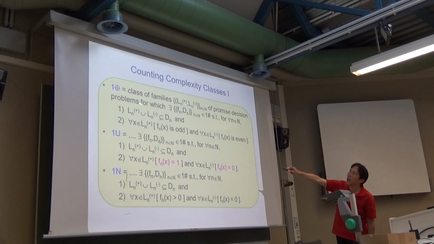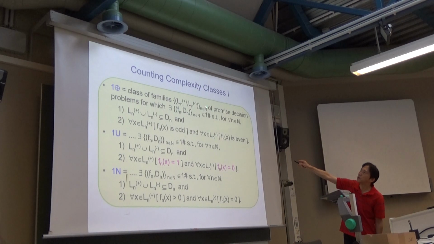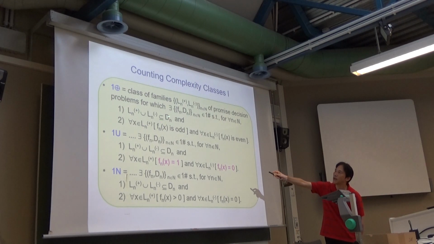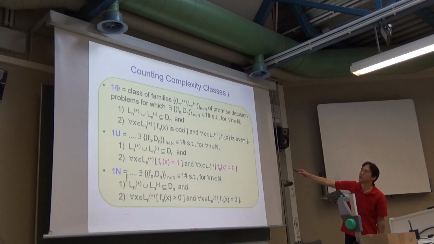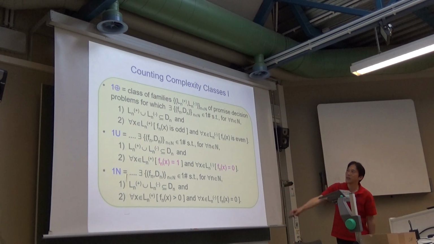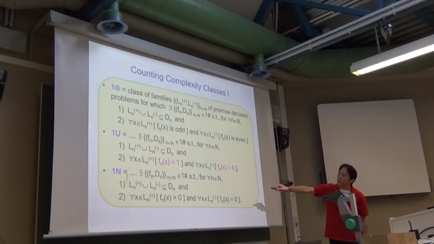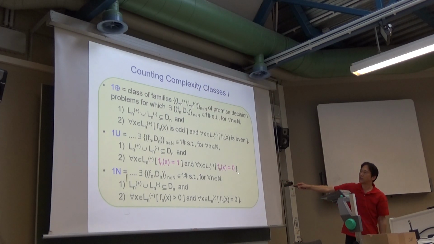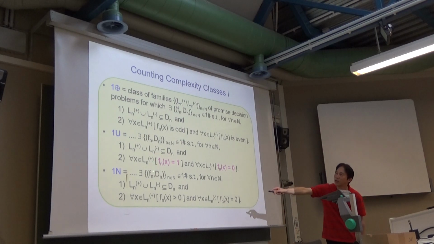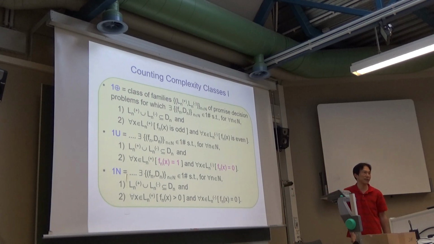For example, 1-parity means we have a one-sharp family of partial functions that produce either an odd number or an even number. That's the meaning of the parities. And U means unique or unambiguous. That means the function outputs either 1 or 0, depending on the yes instance or no instance.